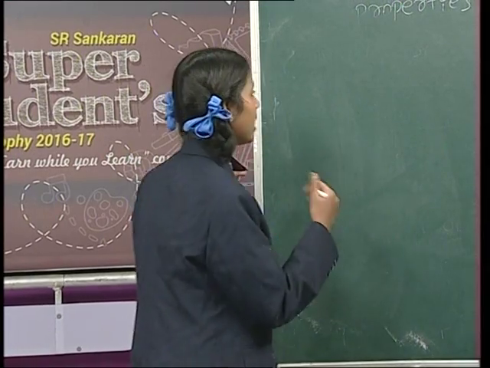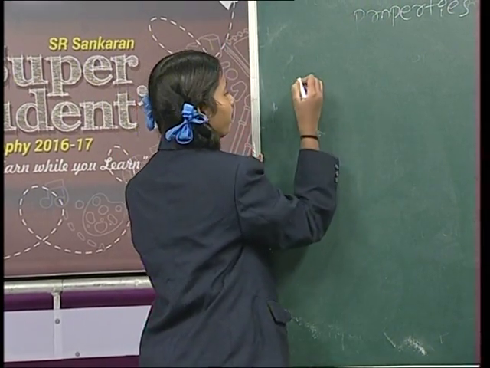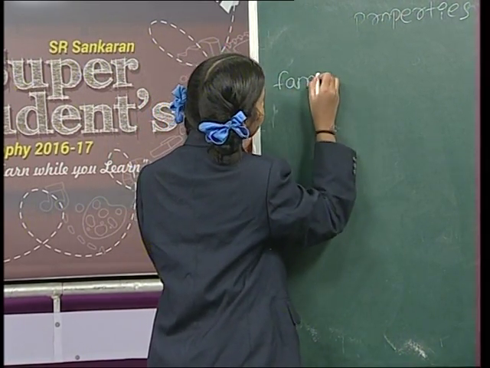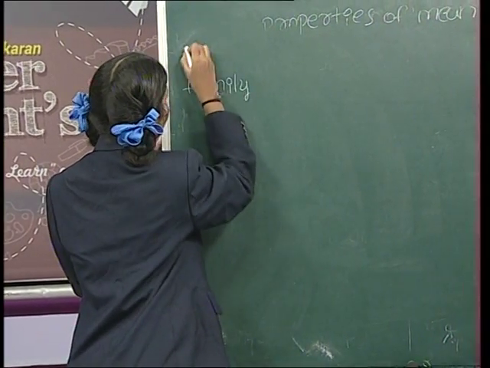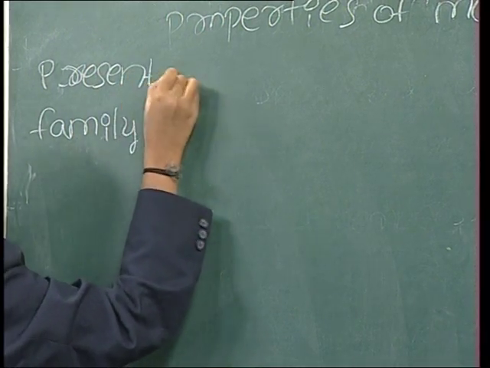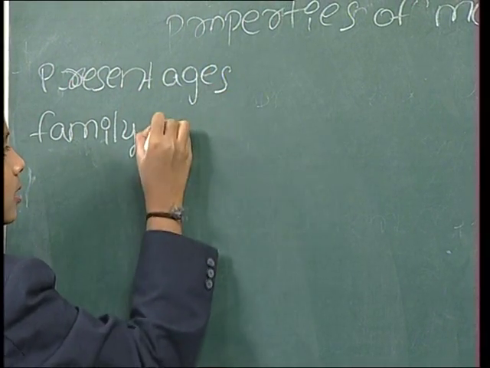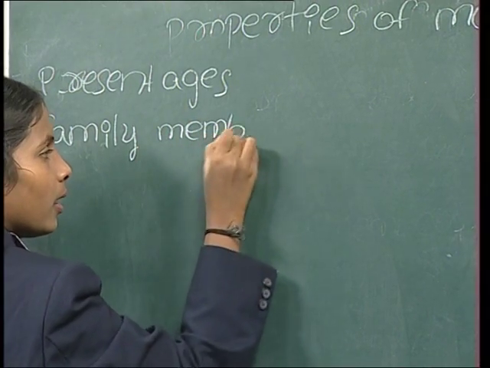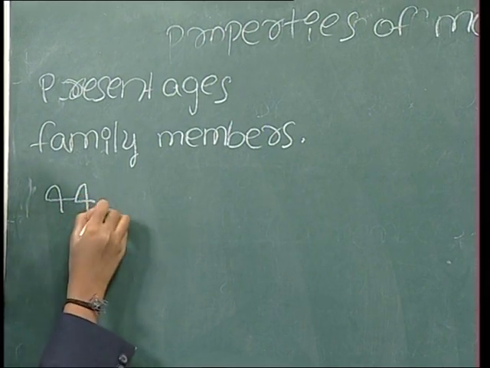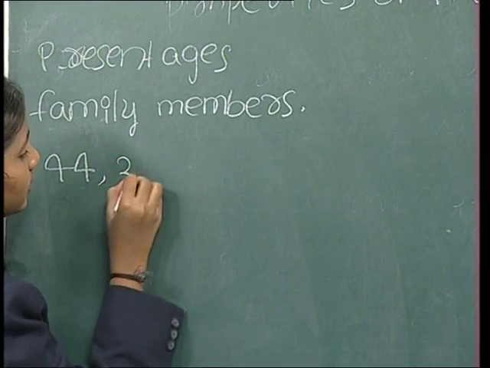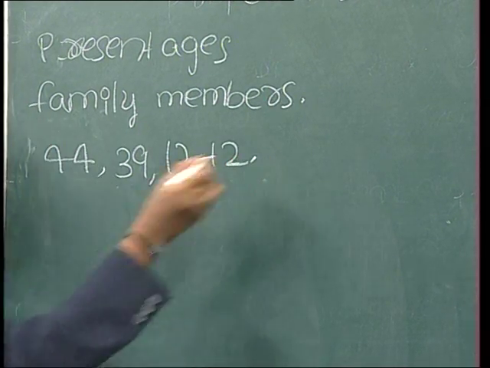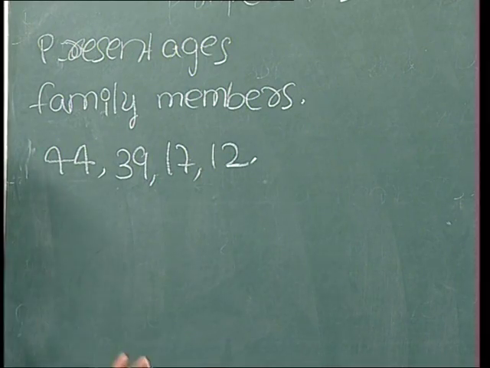So, the present ages of the family members are 44, 39, 17, then last 12. After 5 years we have to find the mean.